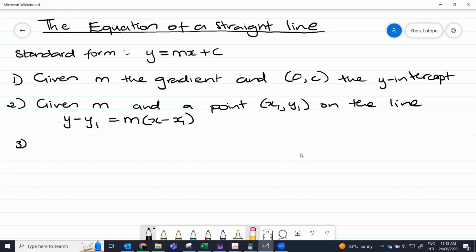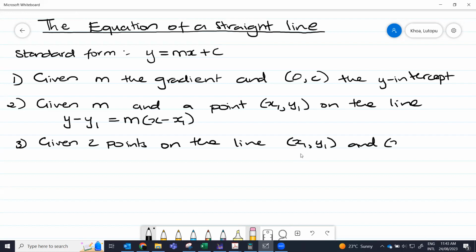Then the third way is if you are given 2 points on the line. So you're given (x1, y1) and (x2, y2). So the formula for our line will say y minus y1 is (y2 minus y1) over (x2 minus x1) multiplied by (x minus x1).